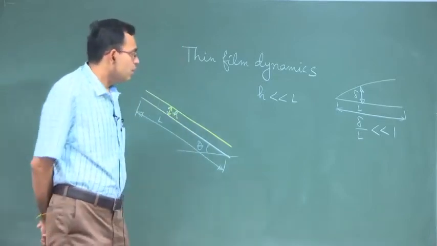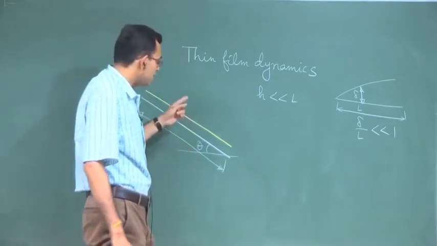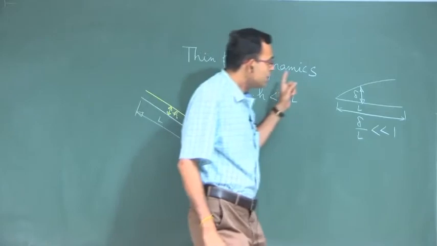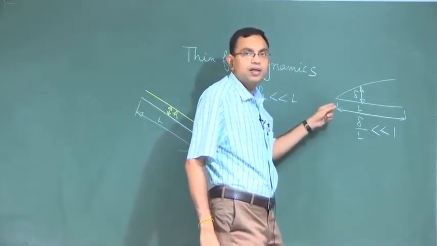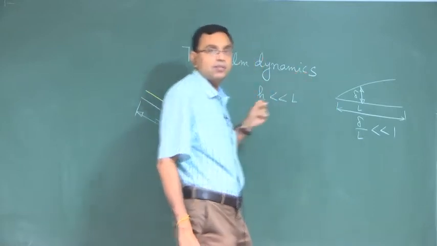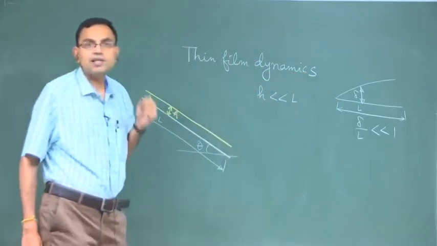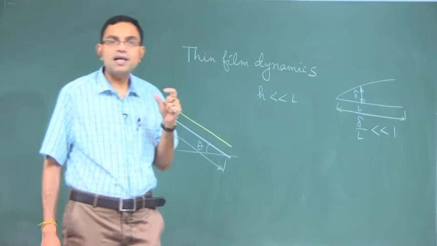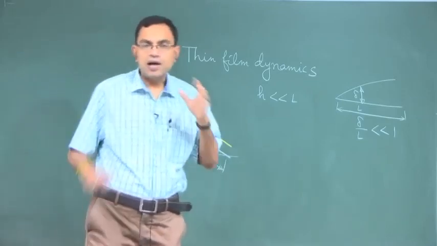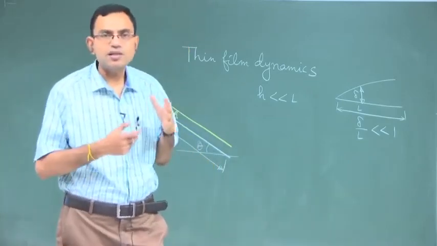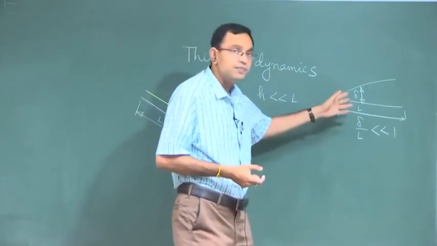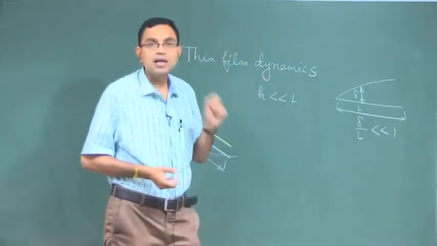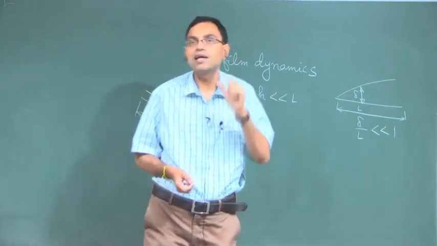What makes the thin film dynamics problem akin to the boundary layer problem is not the Reynolds number; they are very disparate. The similarity is that despite the difference in the magnitudes of Reynolds number in these two cases, what makes them similar is the separation of the length scales.